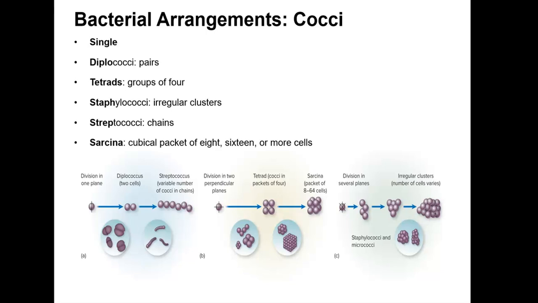So if you've heard of staphylococcus, right, that's describing this cluster-like irregular shape of spherical cells. So we use these prefixes diplo, staphylo, strept to describe these arrangements of cells.